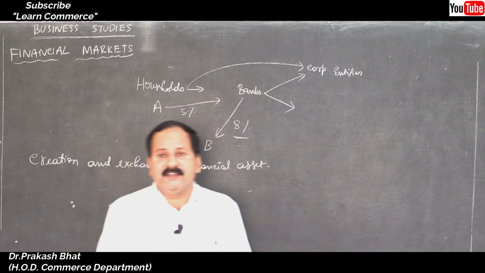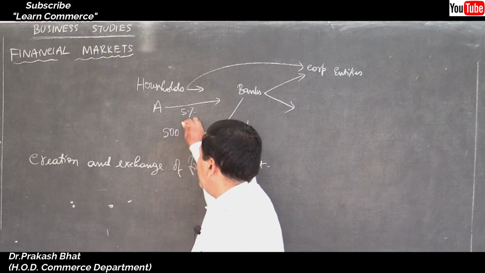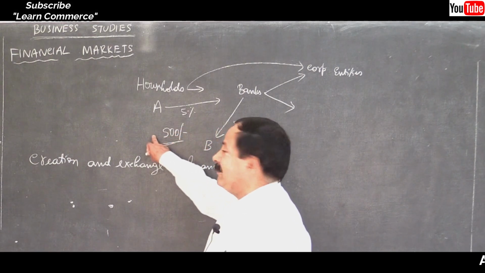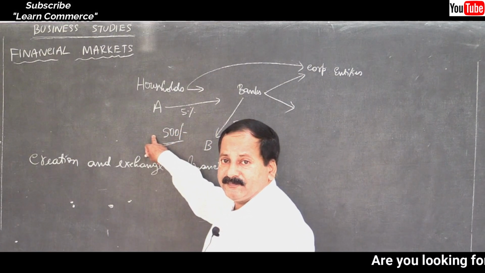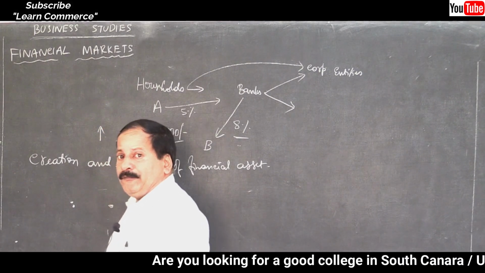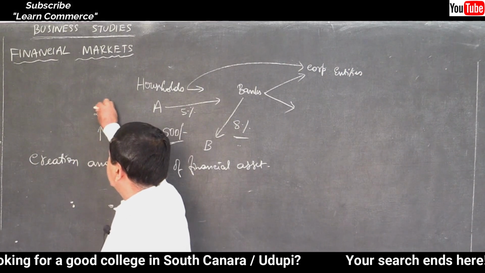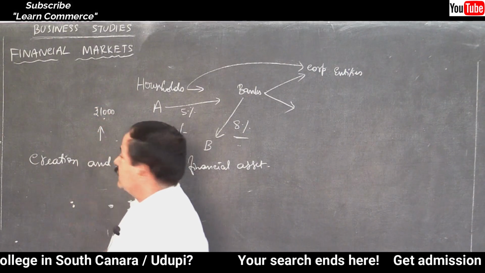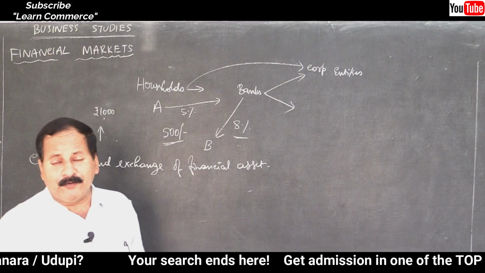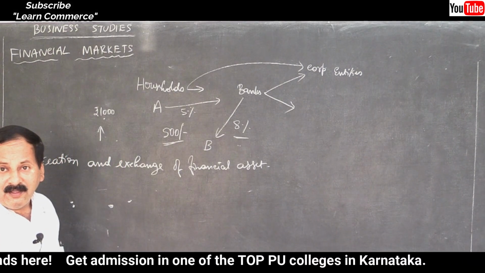Suppose I have purchased at a price of rupees 500 per share from the company Reliance Industries Limited. Now the share price has boomed. After maybe 3 months, the share price has boomed to rupees 1000. What is the rate of Reliance Industries Limited now? Do you have any idea?